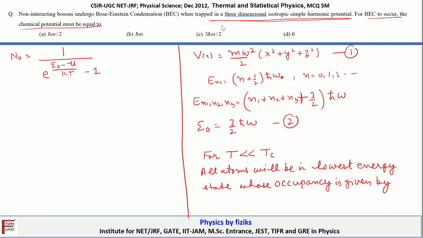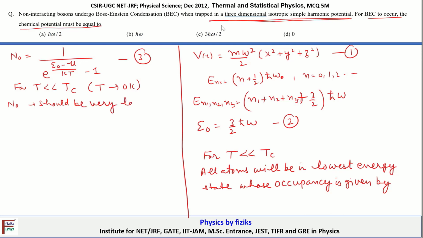Let's call this result equation 3. Now for temperature much smaller than critical temperature, that means for temperature that approaches toward absolute zero, it's not 0 Kelvin but approaching 0 Kelvin, n naught should be very large.